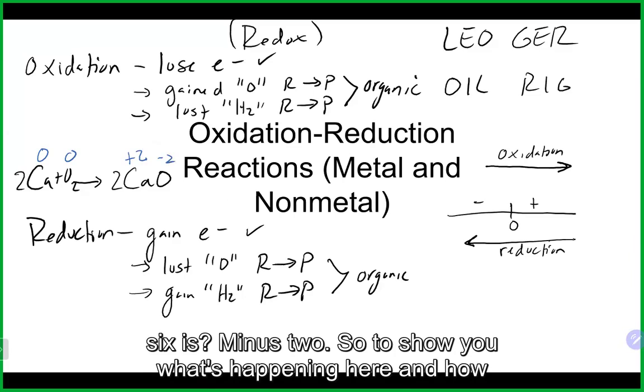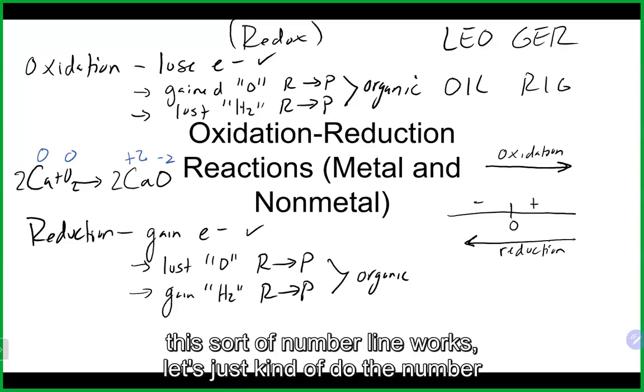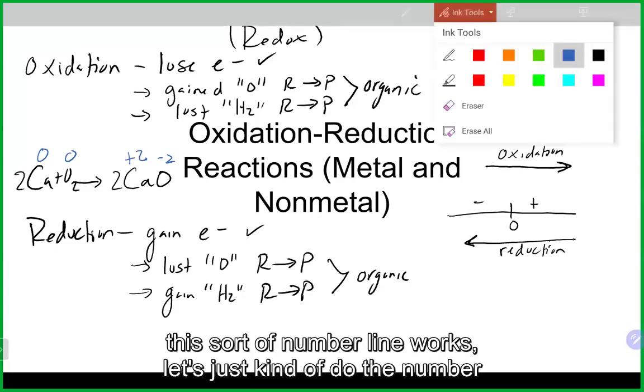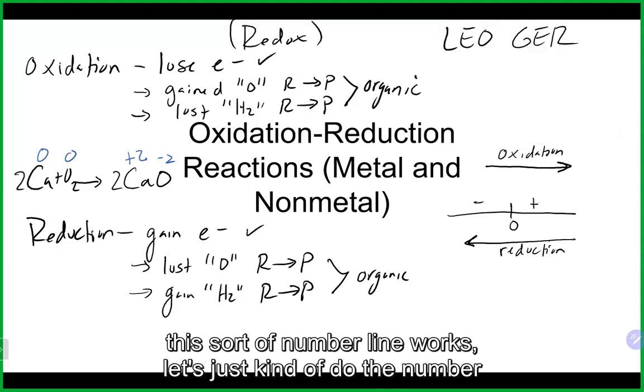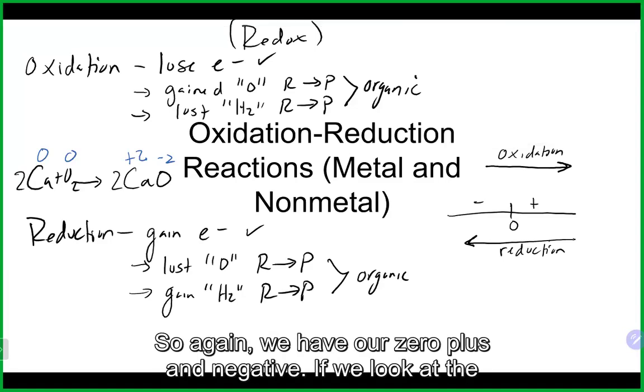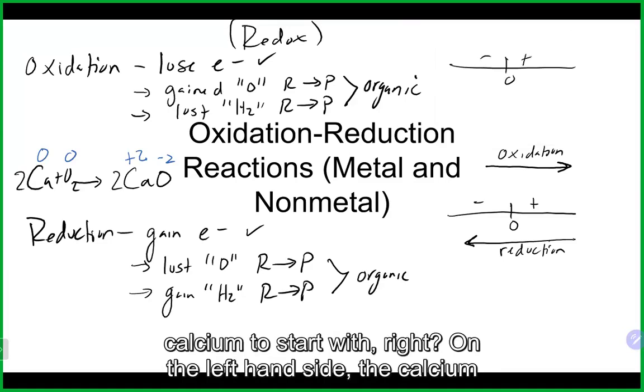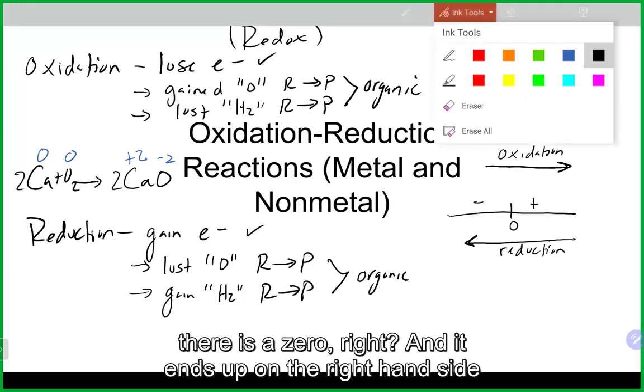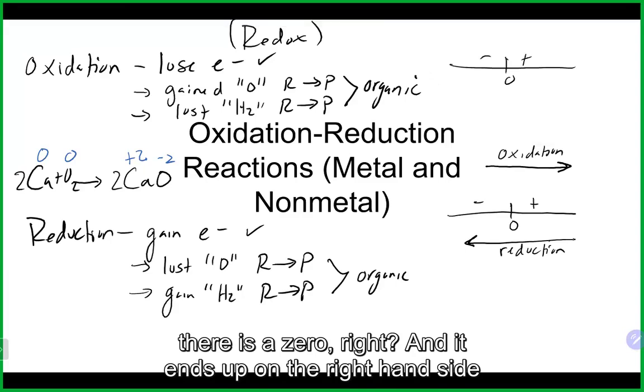So to show you what's happening here and how this number line works, let's do the number line to figure out what is happening with everybody here. So again, we have our 0, plus, and negative. If we look at the calcium to start with, on the left-hand side, the calcium there is a 0, right?